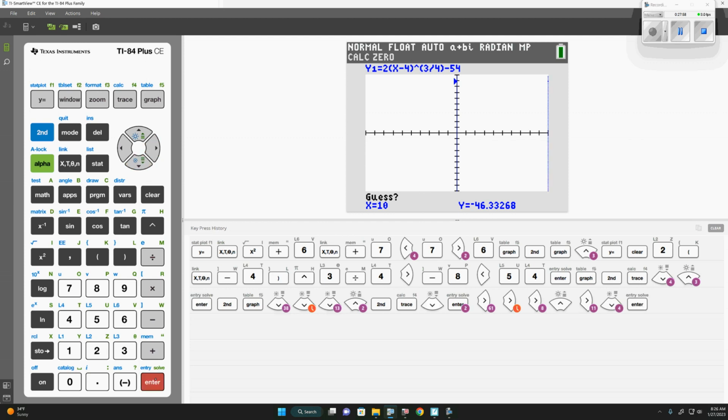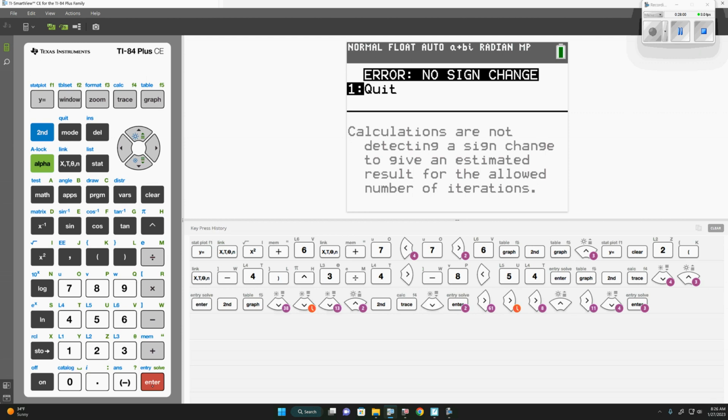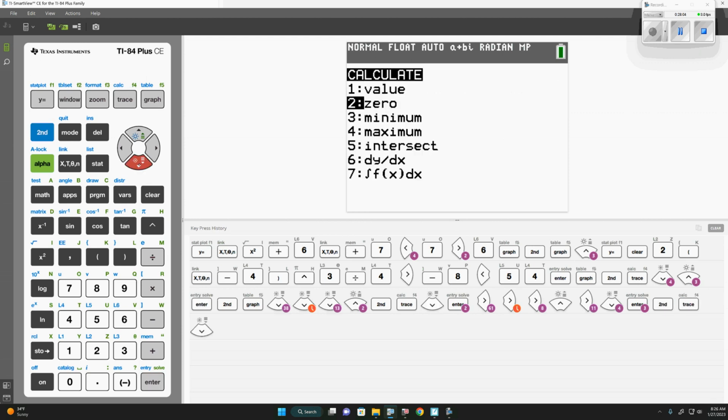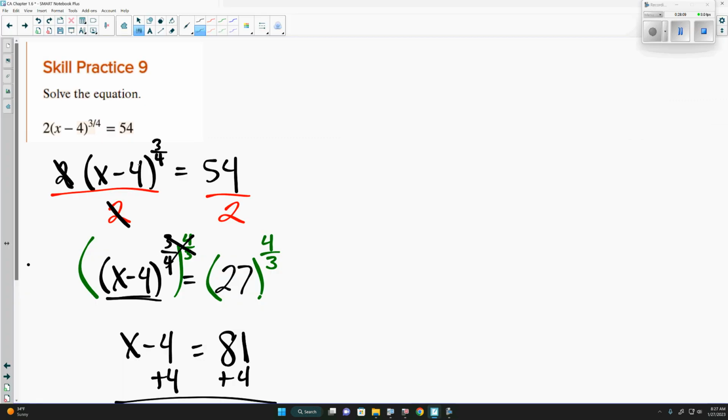We'd have to have a sign change. So that one's a little challenging to do it that way, but it is possible to do that. Does that make sense? So we can graph them to see where they cross the x-axis. Questions on this here?